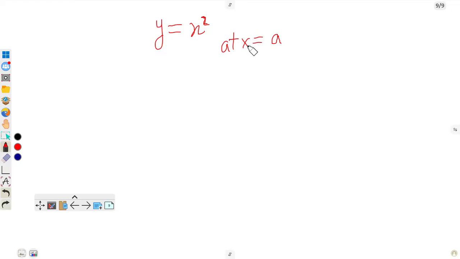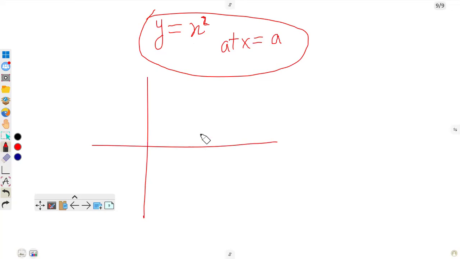So we want to find the slope at x is equal to a. How will we do it? We already visually found out that this is our graph. This is x is equal to a, and y is equal to a squared, because our function is y is equal to x squared. Now our slope is actually equal to the limit of delta.